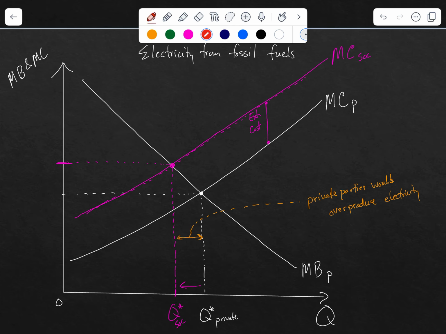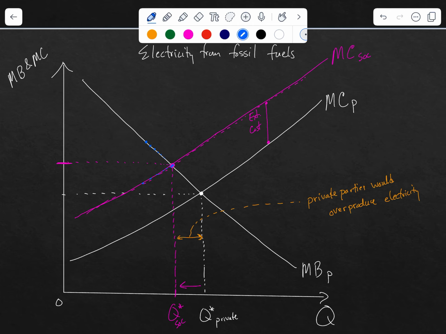The other thing we can identify here is that society is made worse off, right, when this happens. Because when we get to Q star social, the marginal benefit of the electricity, I could highlight on these blue dots, and the full social cost is on the pink line. The blue dot's on the pink line. And when we get to this point, that blue dot, it's efficient, right?